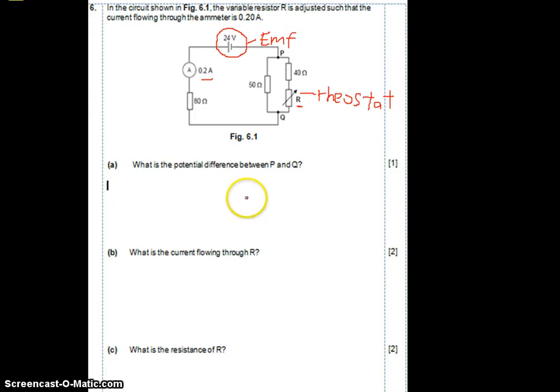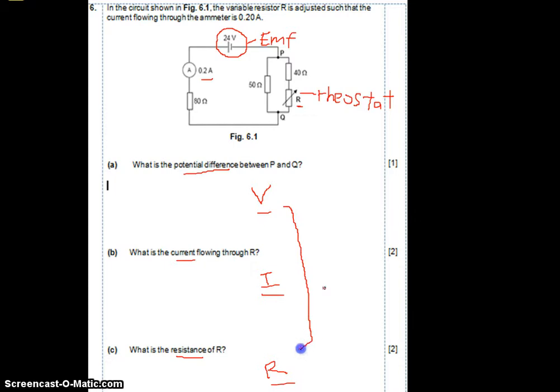Now questions that follow usually will ask for these three physical quantities to be calculated: V, which represents the potential difference, I, which represents the current, and R, which represents resistance.